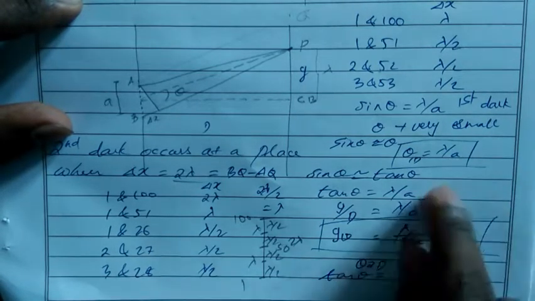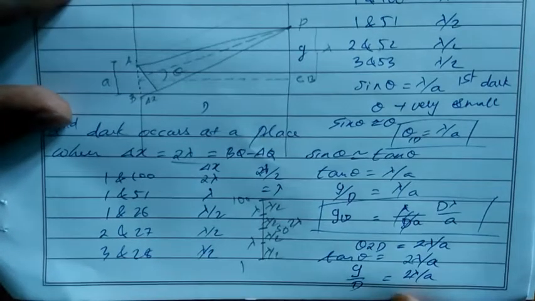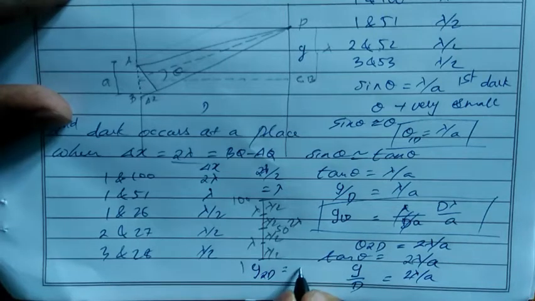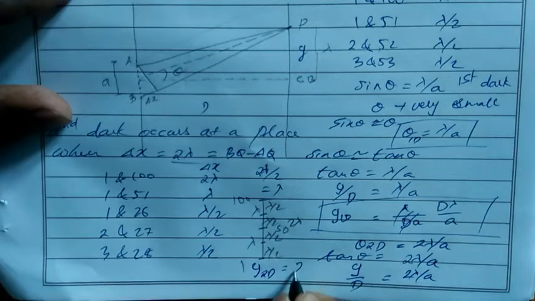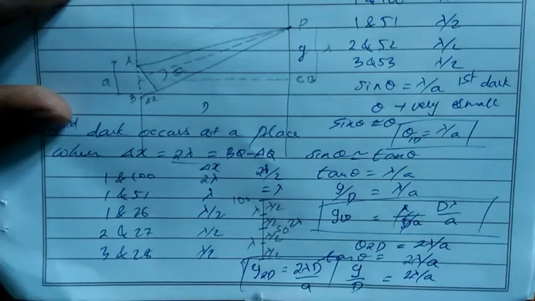Then tan theta is opposite by adjacent, so opposite is y, adjacent is D. So y by D equal to 2 lambda by a. Then from this we can find the second dark, y2 equal to 2 lambda D by a. So this is for the second dark.